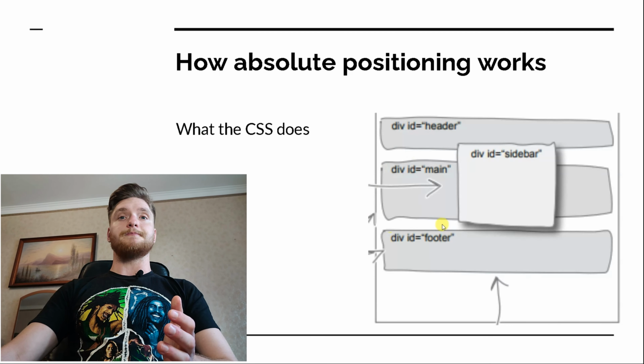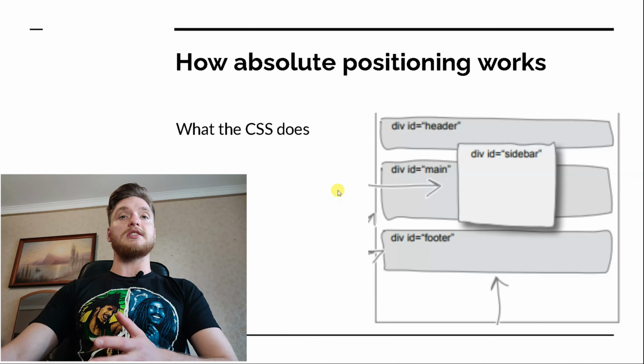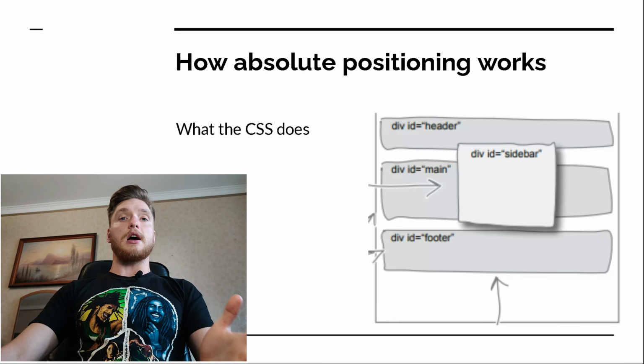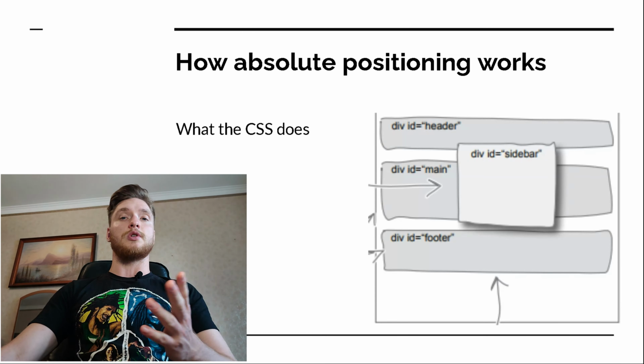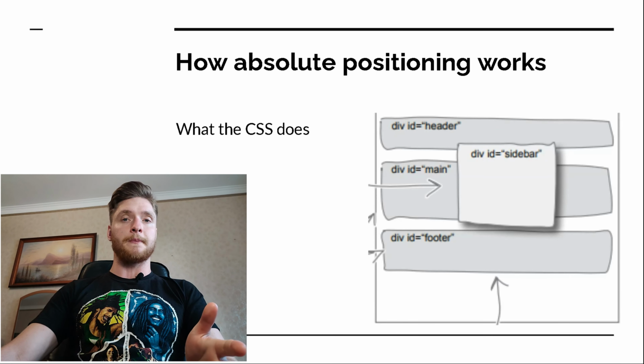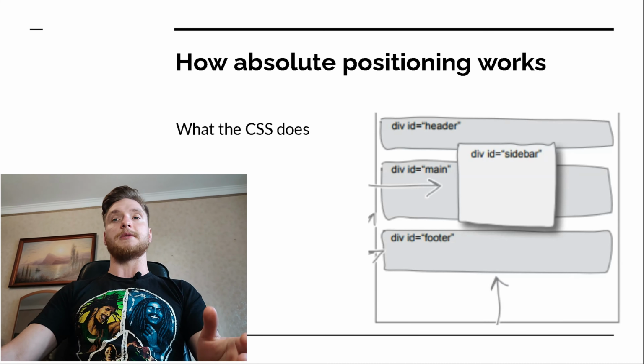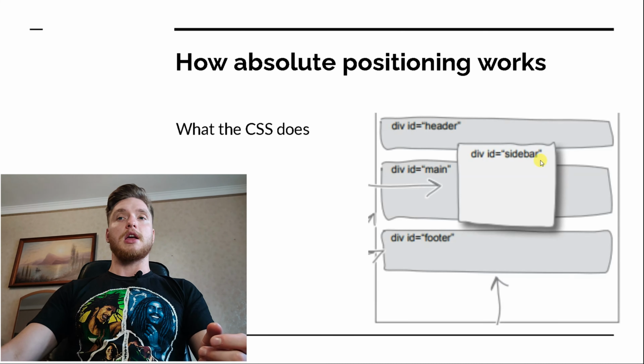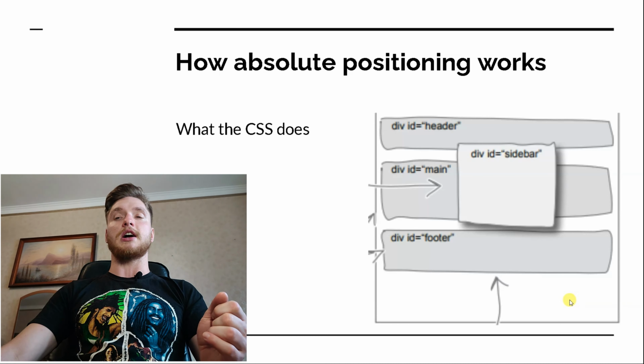Because the sidebar is now absolutely positioned, it is removed from the flow and then positioned according to any top, left, right, and bottom properties that are specified. The sidebar is positioned 200 pixels from the right of the page and 100 pixels from the top of the page.